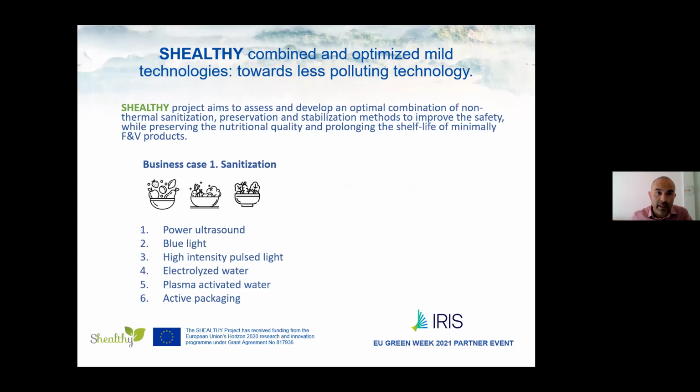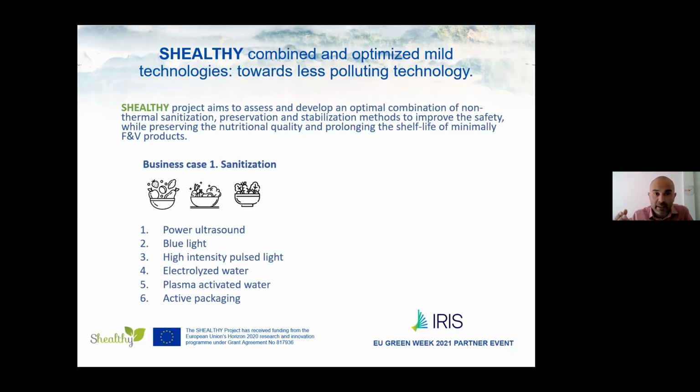So in the first business case, we have the sanitization of fruits and vegetables. And for this, we are studying technologies like the power ultrasound, the blue light, the high intensity pulsed light, the electrolyzed water, the plasma activated water, and also for extending the shelf life, we are working with packaging, more exactly active packaging.